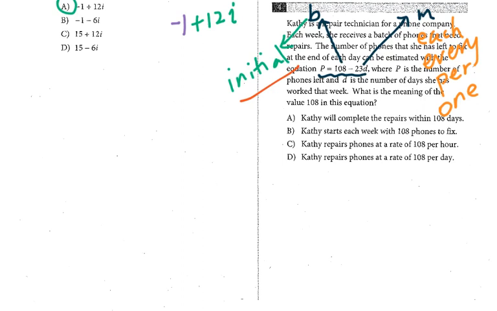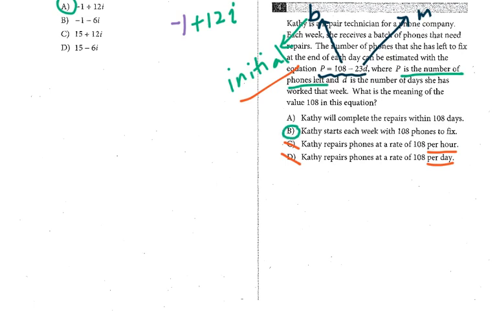So you could say C and D are definitely wrong because they use the words per day or per hour. And from the given information, we know that p is the number of phones left, which means before you get started, how many phones need you to repair. Therefore, the answer will be B.